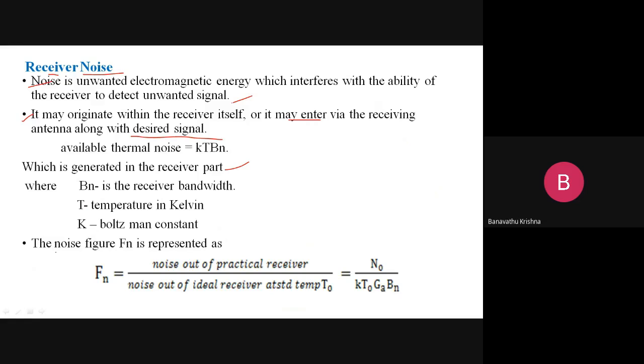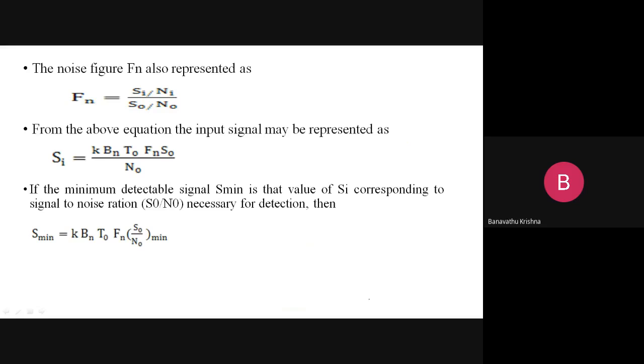Based on that, the noise figure is the noise out of the practical receiver divided by the noise out of an ideal receiver at standard temperature T0, which equals the noise out of the practical receiver divided by k T0 Ga Bn. The noise figure is also represented as Fn equals (Si/Ni) divided by (So/No), the input signal to noise ratio divided by the output signal to noise ratio.